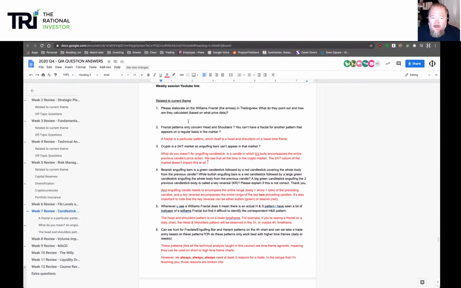Williams fractals are based on the highs or the lows of three concurrent candles. For a bearish fractal, the middle high has to be the highest of the three, with the left and right highs being lower than it. For a bullish fractal, the low of the middle candle needs to be the lowest, with the left and the right being higher than the middle.